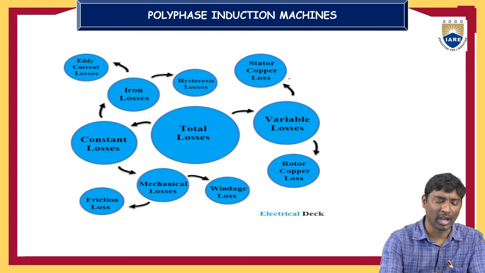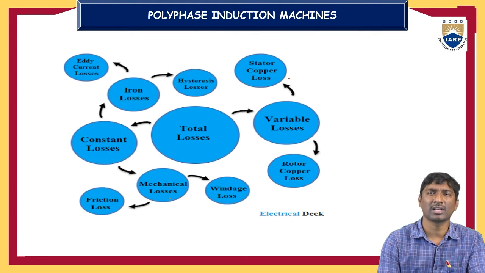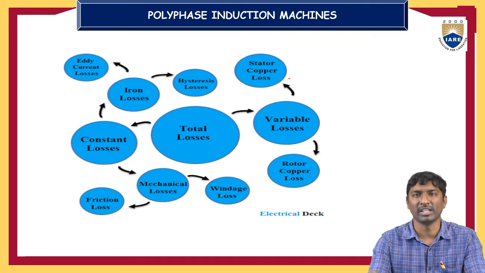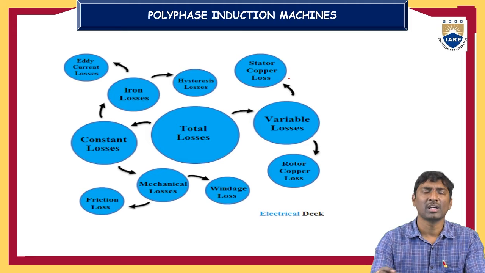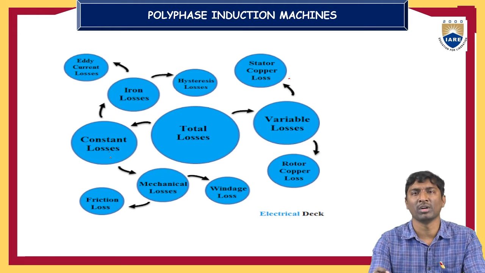Now the iron losses are again classified into two types, that is the eddy current losses and the hysteresis losses. And the mechanical losses are classified into two types, that is the friction losses and the windage losses. The total losses will be equal to the constant losses plus variable losses.